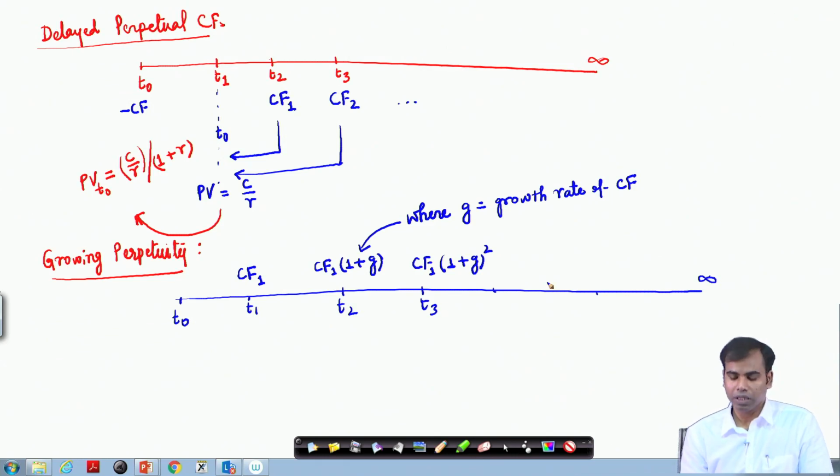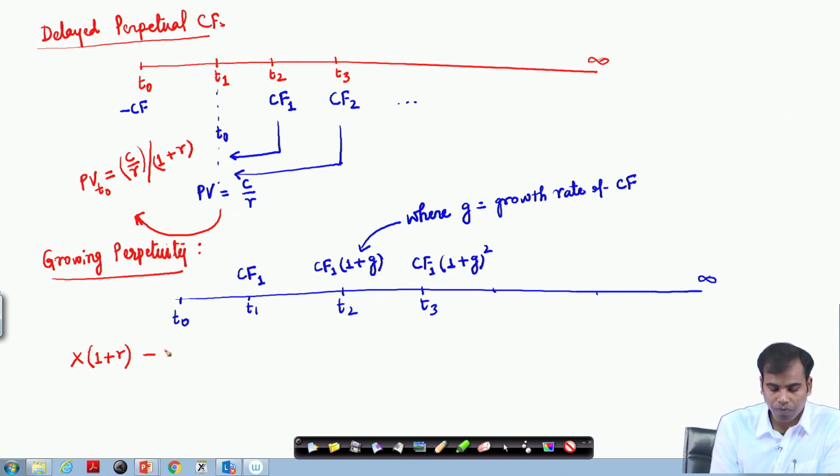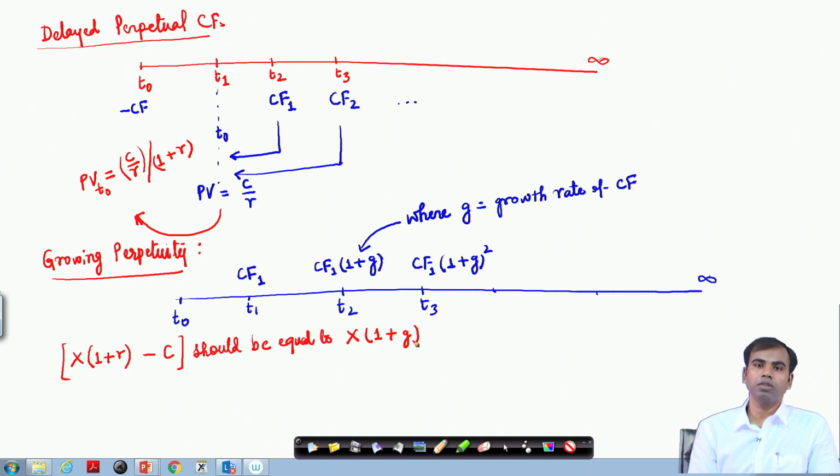So, if we repeat the same situation here, we can show that if a person has an investment x, which is growing at a rate of R, which is basically the interest income, and if you pay out the cash flow, this whole amount should be sufficient enough to pay out the amount of money to be invested in next period.